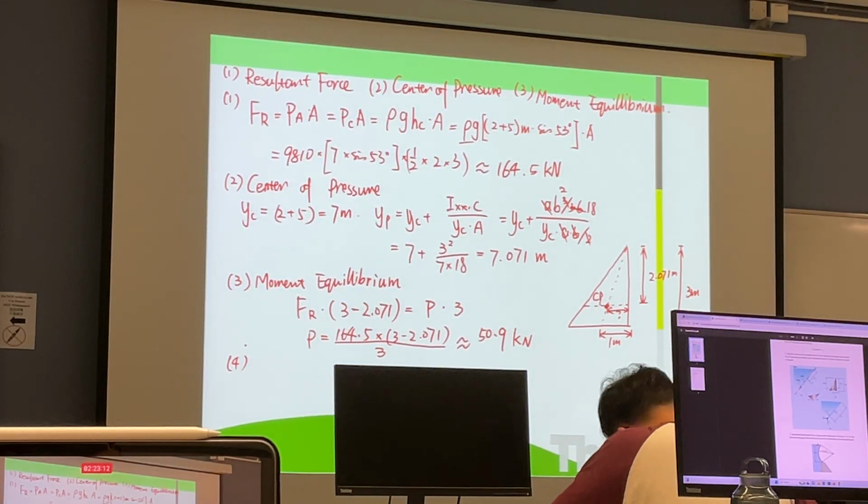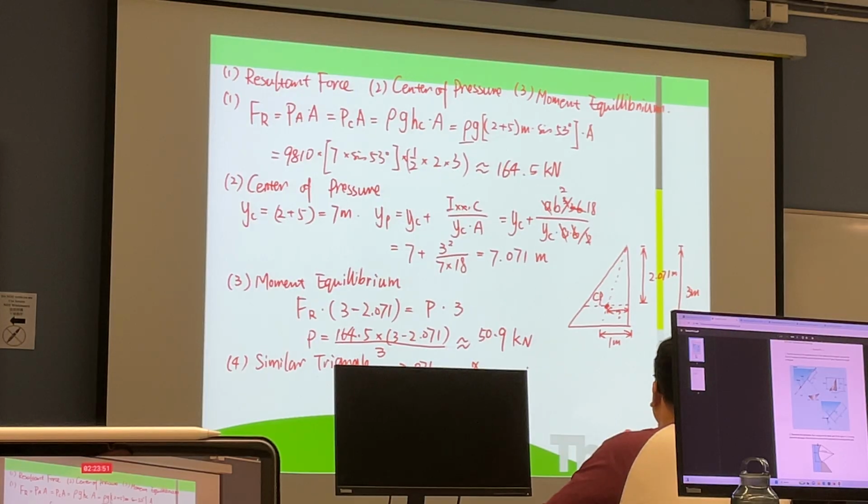So that is to find the horizontal coordinate of the center of pressure. The vertical location is 2.071 on the center line from the top vertex point. For the similar triangle, 2.071 over 3 meter is equal to the x location over 1 meter.